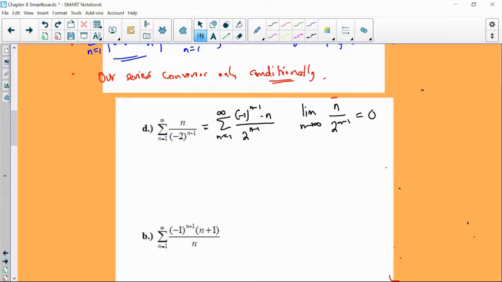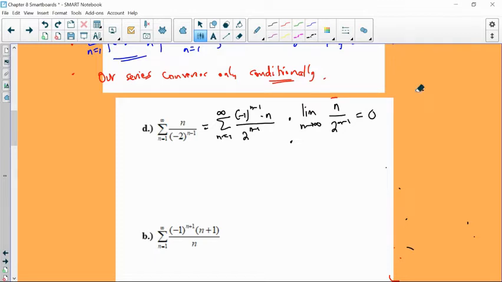Now, second condition, we need to show that it's decreasing. And it may not be, or maybe it's not as recognizable or readily believable. So here's what we're going to do to really show that this is in fact decreasing.